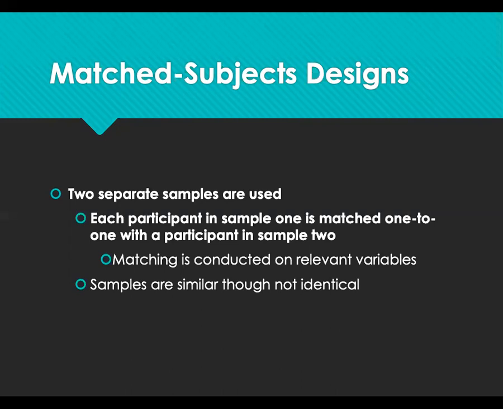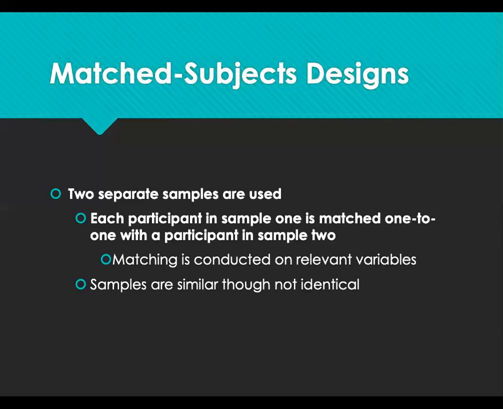And so, like I just said, matched subjects is kind of a hybrid design, right? It's not quite independent because the participants in each sample group are matched on some important characteristic. So they're not just random, completely different sets of participants, but they're not quite a paired or repeated measures design either, because with a repeated measures design, you'd use the same exact participant, right?